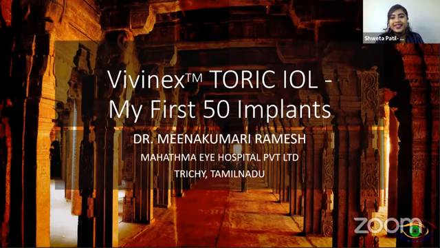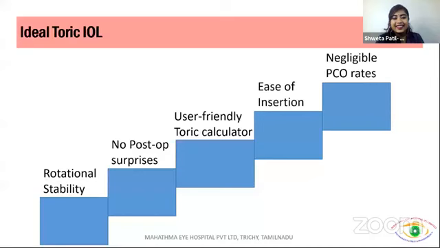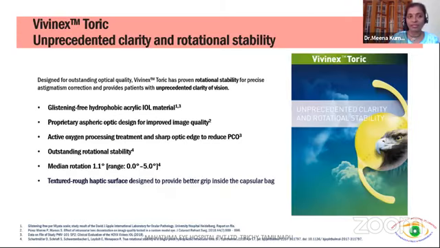So this is sharing my first 50 implants of Vivinex Toric IOL. What an ideal Toric IOL a beginner would like to know is rotational stability and no post-op surprise, the user-friendly Toric calculator, ease of insertion, and we don't want any PCO rates.